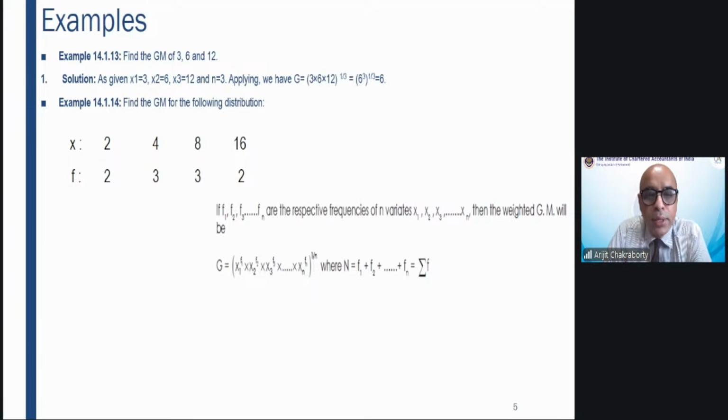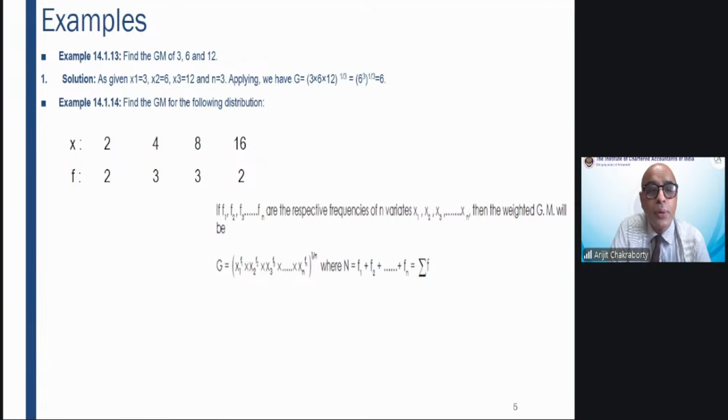So the formula is the geometric mean will be, in this case, x1. Here x1 is 2, x2 is 4, x3 is 8, and x4 is 16. So these are the different values which the variable x can take up. So now here we are going to use a different approach.